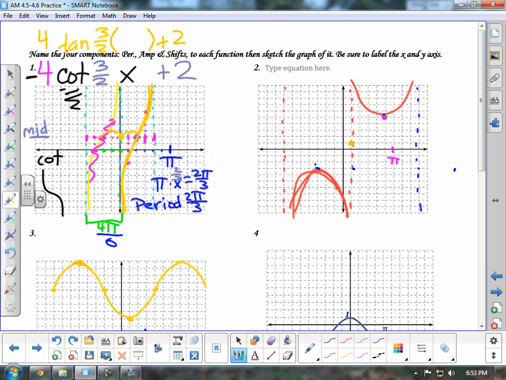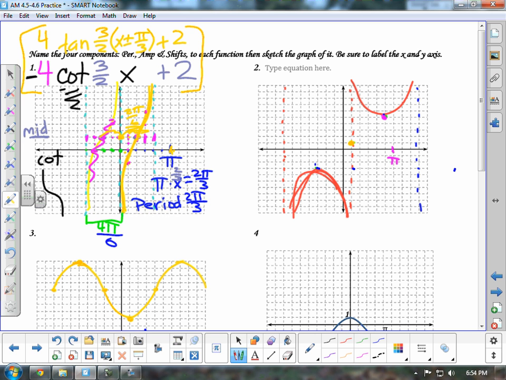So we could put x plus or minus, it doesn't matter which way because it's the same distance on either side, 2 pi over 6 or pi over 3. Now that's 2 pi over 6 because it's 1, 2 marks out, and pi is 6 marks out. So that's why it's 2 pi over 6, which simplifies to pi over 3. So here are the two different options you have to write that first equation.